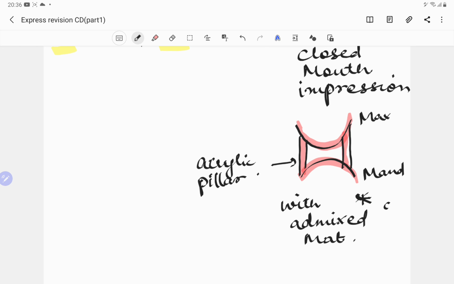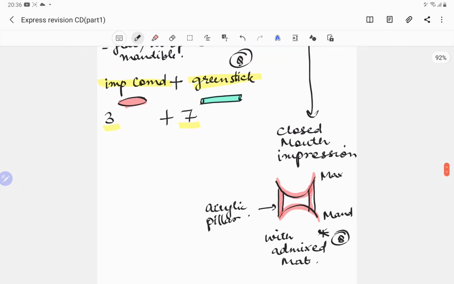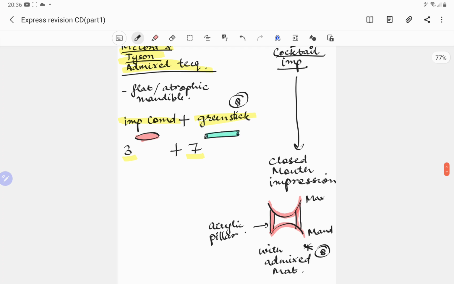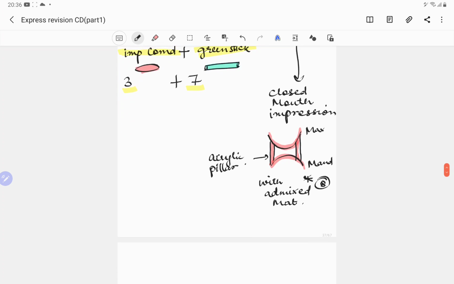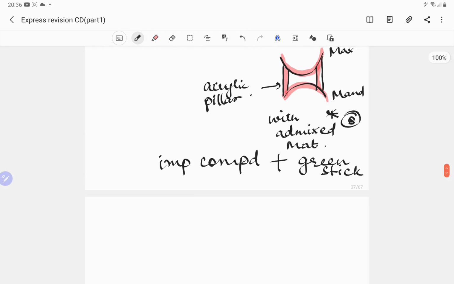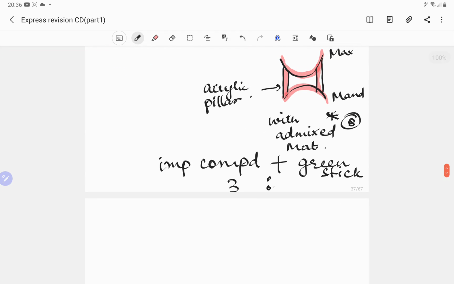The material which we have used in the McCord and Tyson technique is a combination of impression compound plus green stick in the ratio of 3:7, so 3:7 parts.